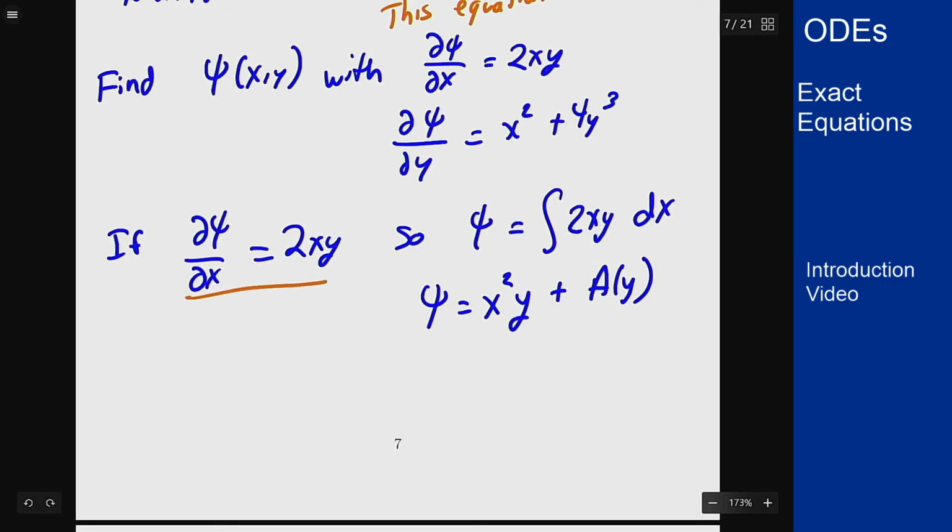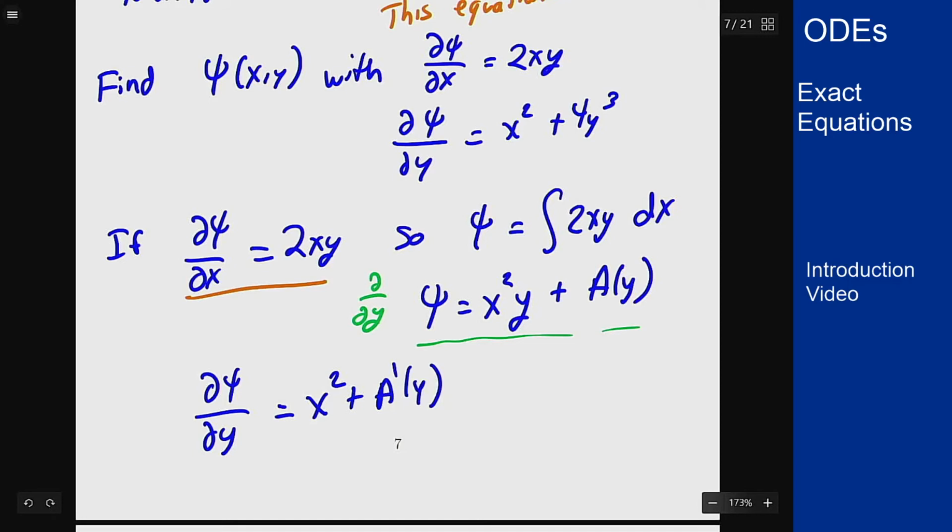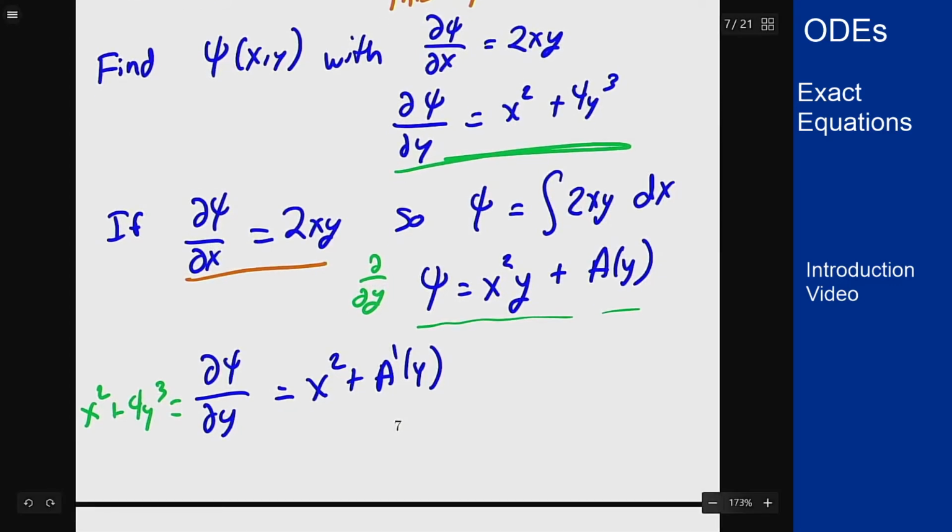So I'm going to differentiate this here in y. So d psi/dy, based on my expression here, is going to be x squared plus a prime of y. But based on my information up here, this is supposed to be x squared plus 4y cubed. Now I can match both sides and get that my function a prime of y must equal 4y cubed.